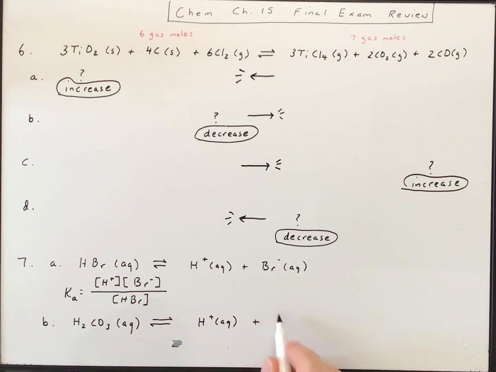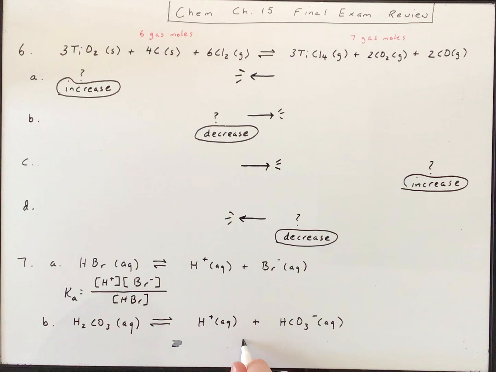I'm going to do H plus and then HCO3 minus. If you did H plus CO3 2 minus, that would also be correct. Okay, but this is happening as well. And this is already balanced, so I'm not having to deal with if we did H plus and CO3 2 minus, then we'd have to put a 2 in front of the H here.